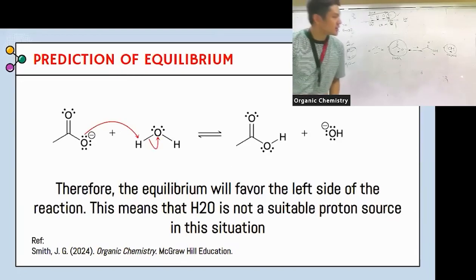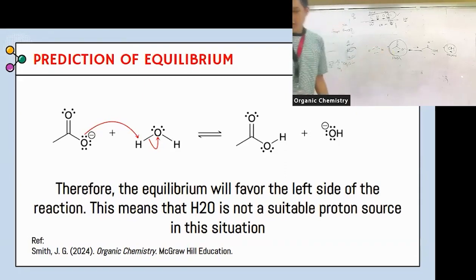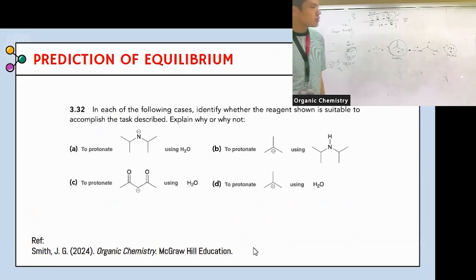Okay. So correct. In the equilibrium, it would favor the left side of the reaction, which means that H2O is not a suitable proton source in this situation. Next slide. So we'll skip these. You could try it at home since it's on your screen.